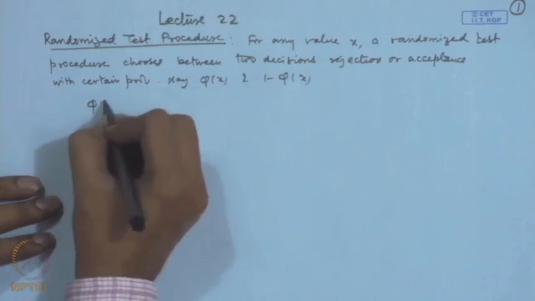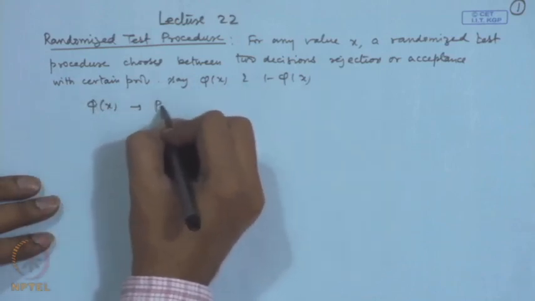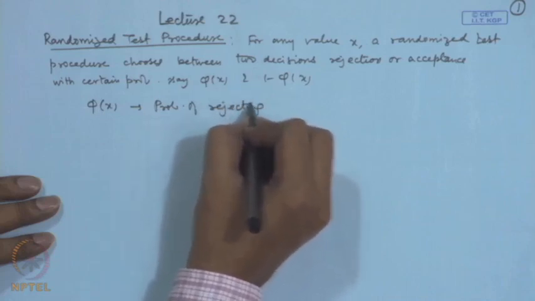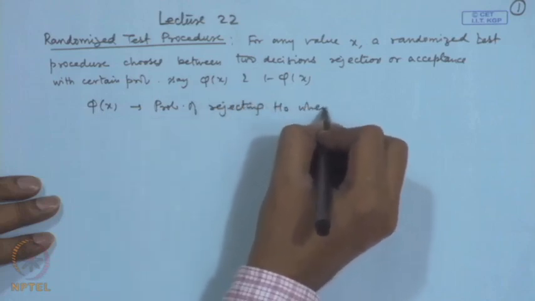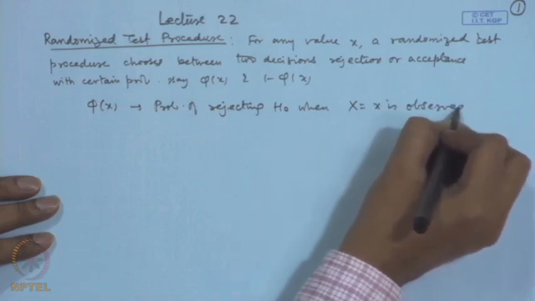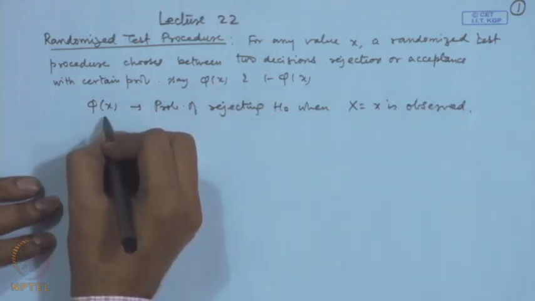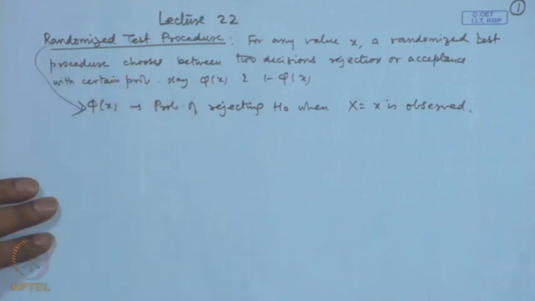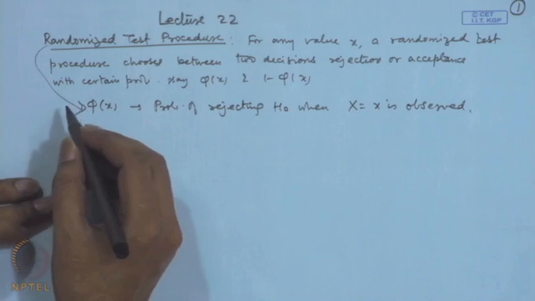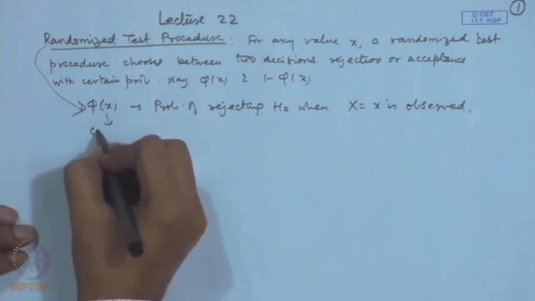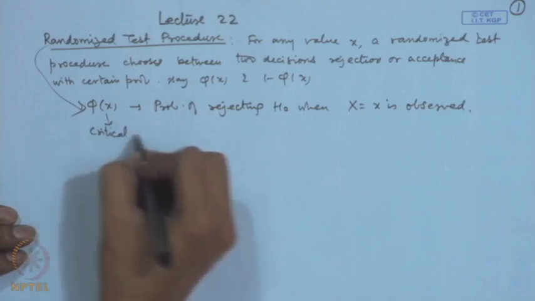So, phi x is the probability of rejecting H naught when x is observed. This is called a randomized test procedure. It is also called a critical function or a test function.